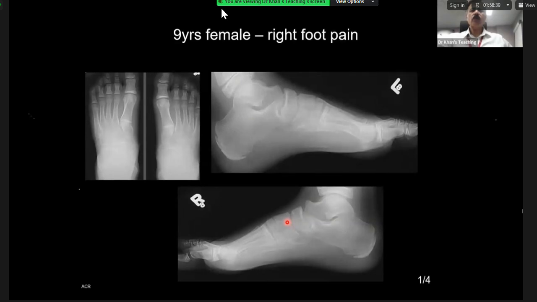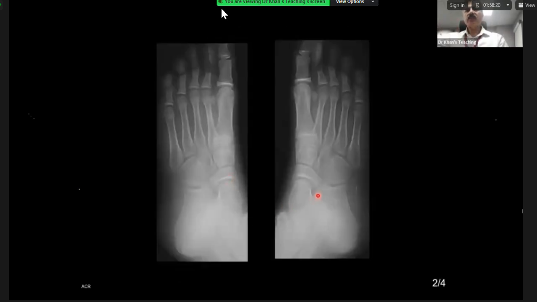Then your mind goes into, it can be either calcaneonavicular or subtalar. Point to remember is that calcaneonavicular is best seen on oblique view. AP view is useless. It is best seen on oblique view.